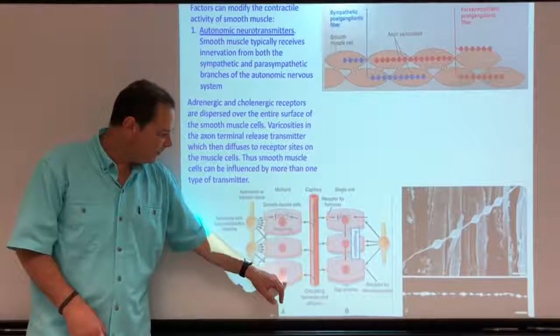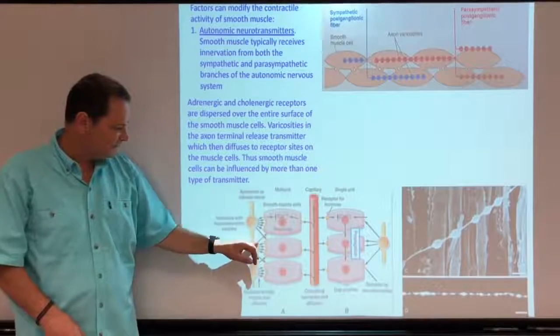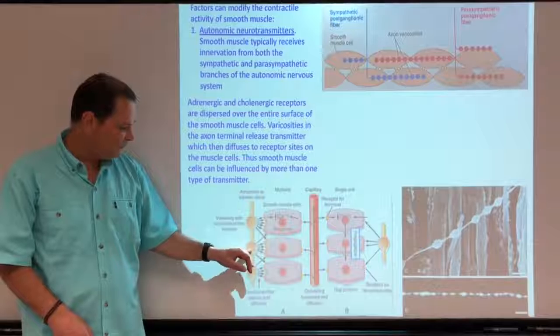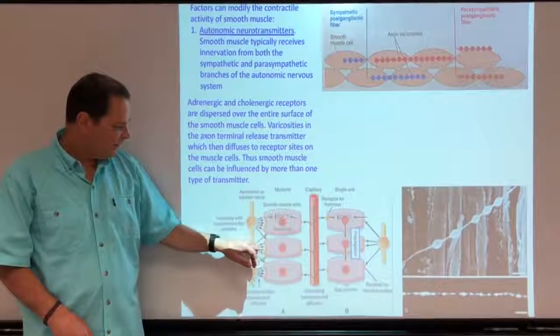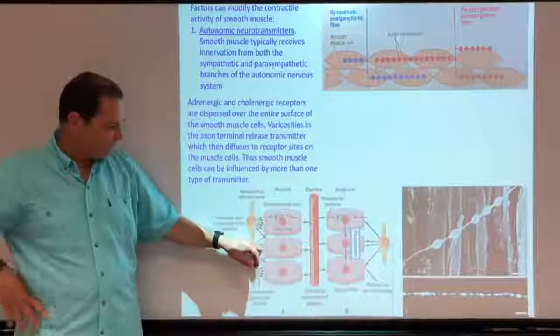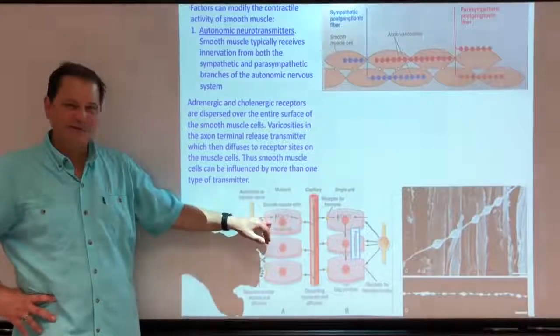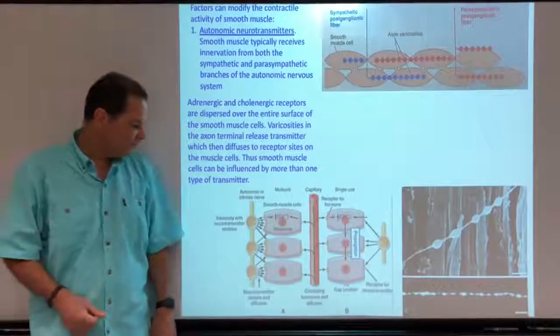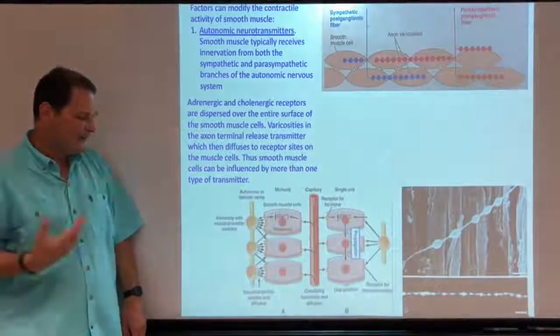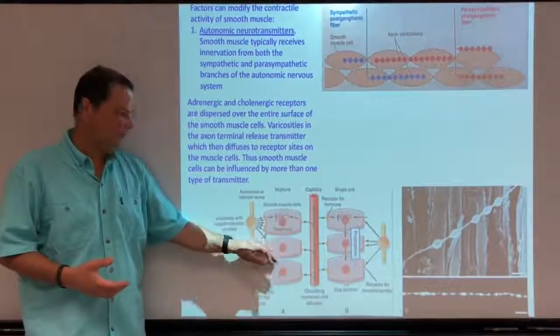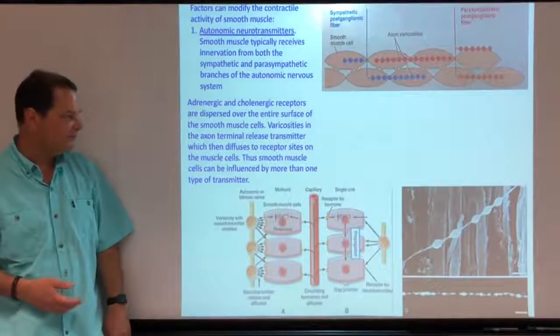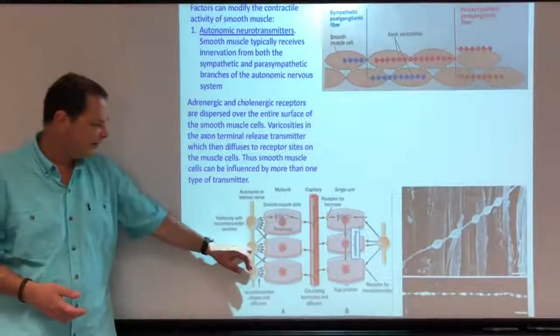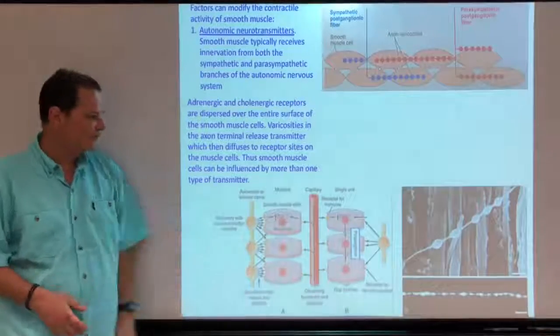Your smooth muscle cells aren't contracted, but notice that you can get diffusion of this hormone from one varicosity, which is very close to this unit, to the next unit as well. So almost like a local hormonal release. Not necessarily localized to one unit of a multi-unit smooth muscle. Okay, the transmitter can diffuse to neighboring units as well.